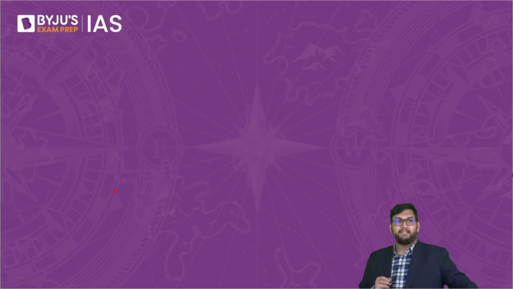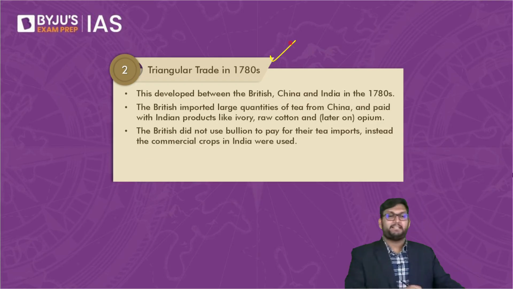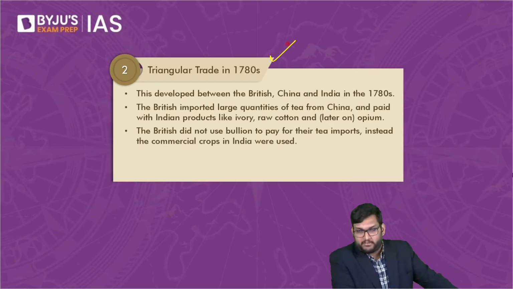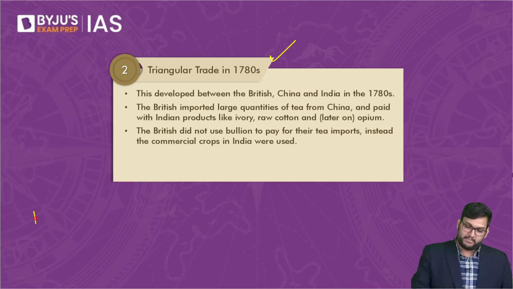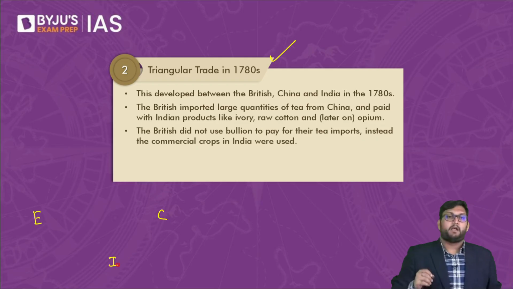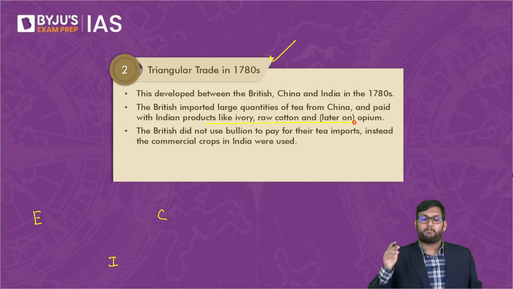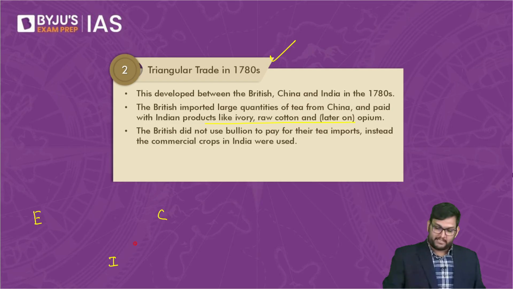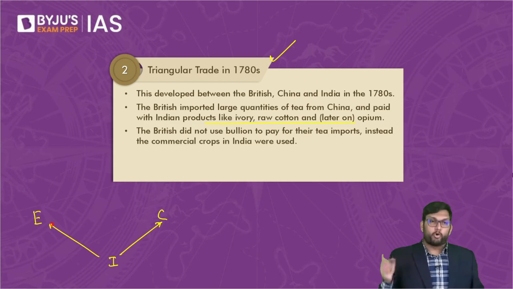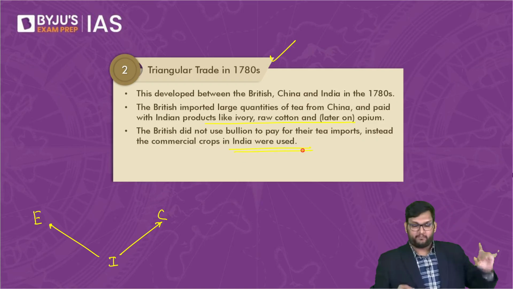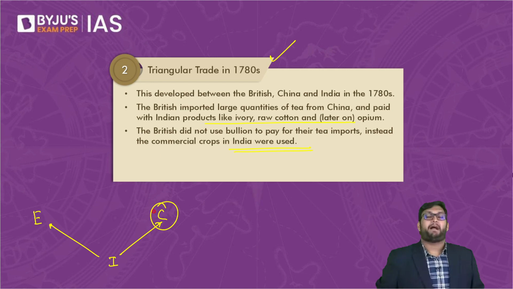And the second is because India had been sucked into the triangular trade, which is England, China, and India. India had to produce commodities which could be taken either to China or to England straight, so that the British could pay for its Chinese part also.